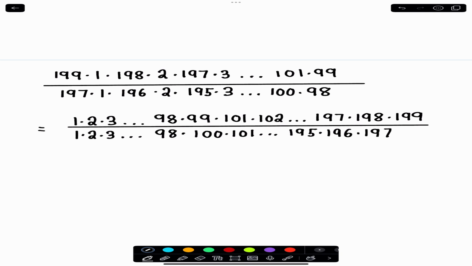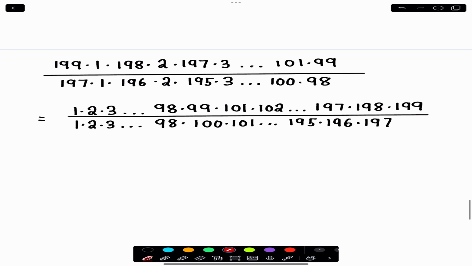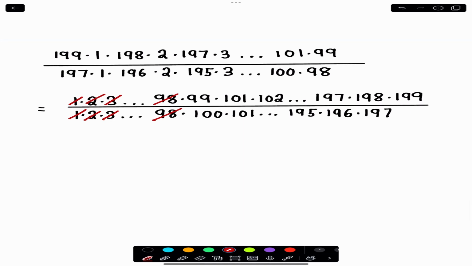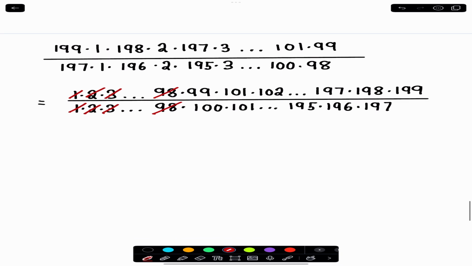And now we see what can go away. 1 goes with 1, 2 goes with 2, 3 goes with 3, so basically the first 98 numbers all go away. 99 is on the top, but it is not on the bottom, so that's going to stay. 100 is on the bottom, but it is not on the top, so that's going to stay. 101 goes with 101. 102 is going to go with 102, somewhere over there.